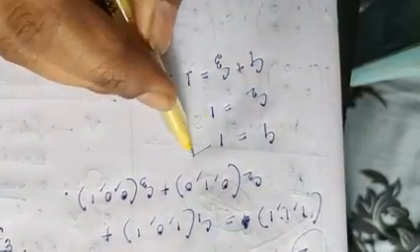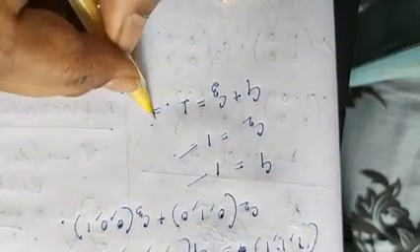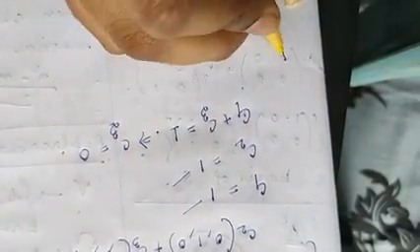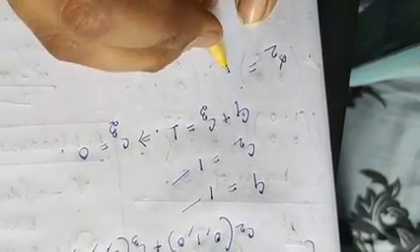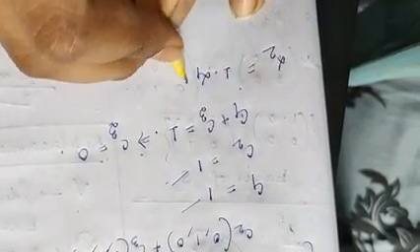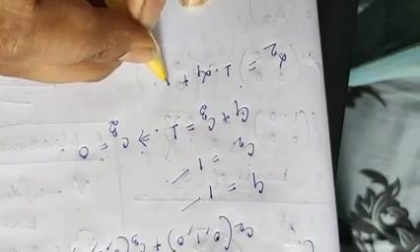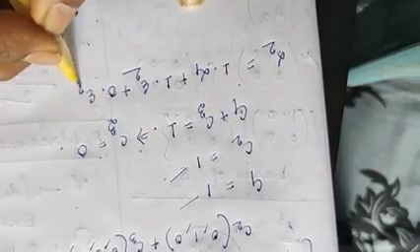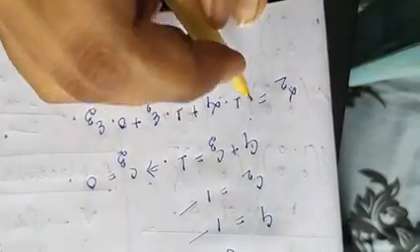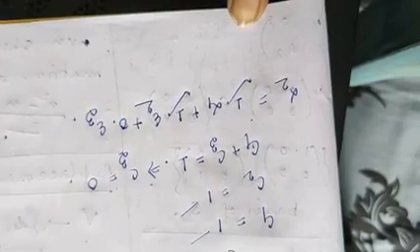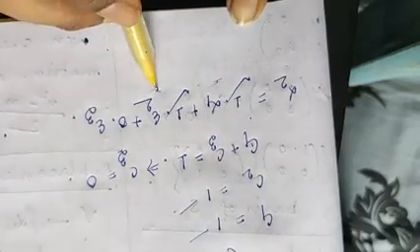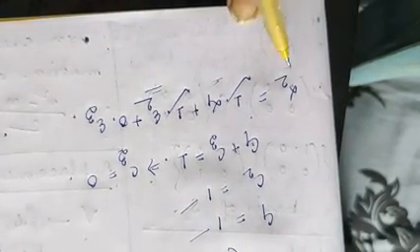So if we put C1 equals 1, C3 will be 0. So we can write alpha 2 equals 1 into alpha 1 plus 1 into epsilon 2 plus 0 into epsilon 3. That means this is non-zero, this is non-zero. We can replace either alpha 1 by alpha 2, or we can replace epsilon 2 by alpha 2.